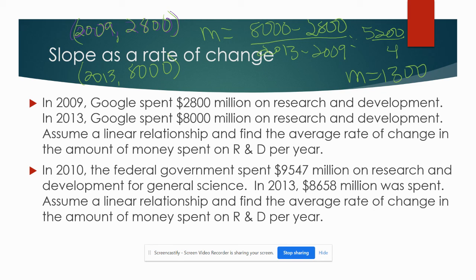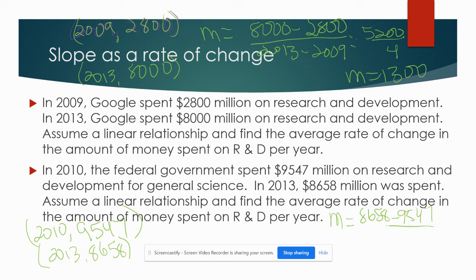So let's try that for 2010. In 2010, they spent 9,547 million on research and development, and in 2013, they spent 8,658 million on research and development. Again, using the slope formula, I have 8658 minus 9547 over 2013 minus 2010.